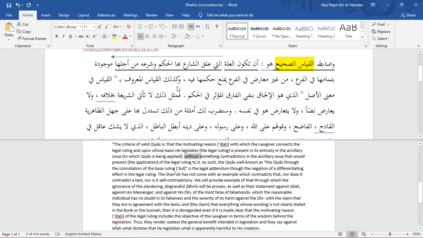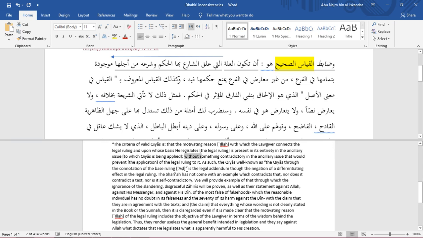Okay. And likewise, the qiyas is known as the qiyas fi ma'na al-asl. So, the qiyas al-sahih is known as al-qiyas fi ma'na al-asl. In other words, the qiyas is well known as the qiyas through the connotation of the base ruling.